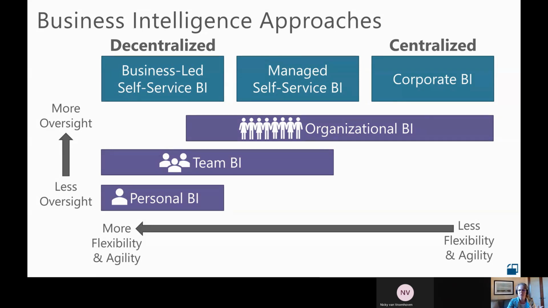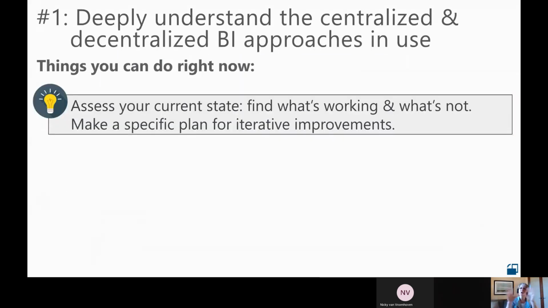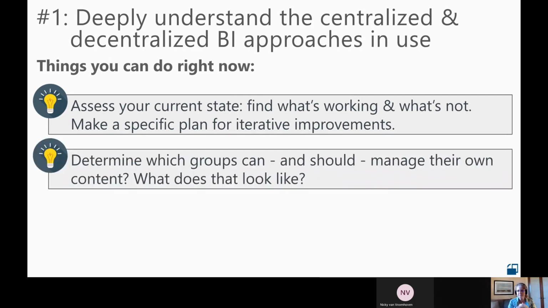So very important stuff. To conclude this section, I have 3 suggestions for you. The first one is really to look at what's working, what's not, and understand where you might want changes or improvements, right? Are you happy with that one particular team that runs very business-led, or would you like to make some shifts, that kind of thing? And then really figure out what groups can and should manage their own content.